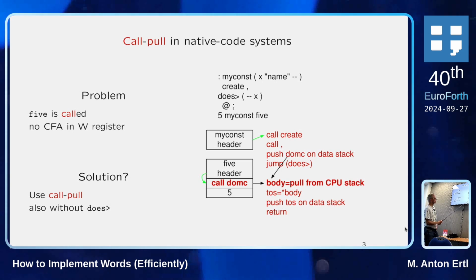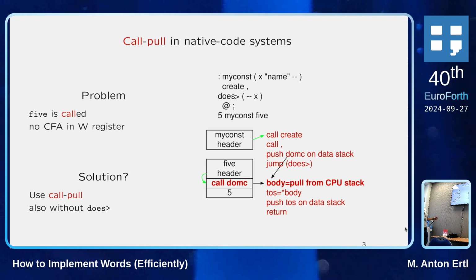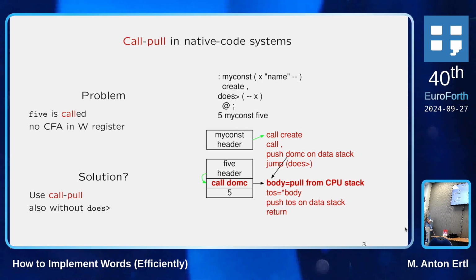So here is the fetch, and the push of TOS to the data stack is also part of the fetch, and the return is this here. The reason why we do it here, in spite of not having any threaded code to deal with, is that we don't have the code field address in the W register.